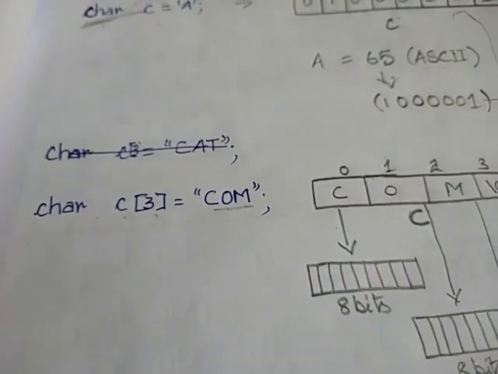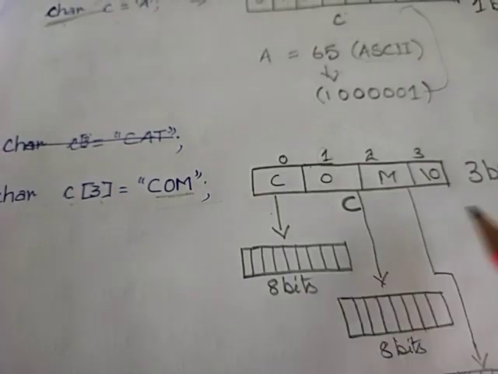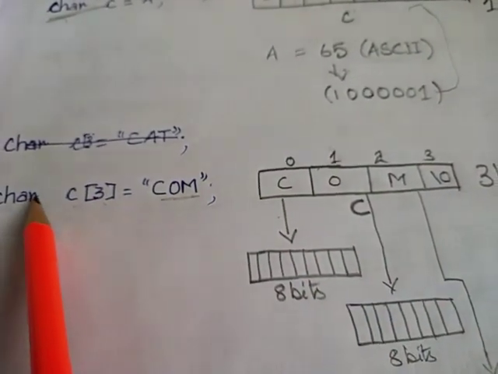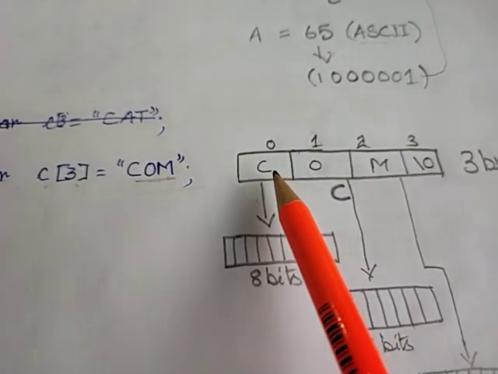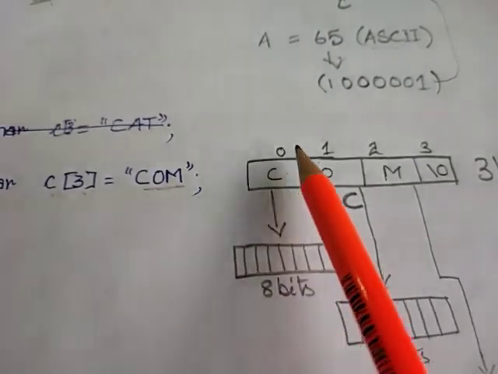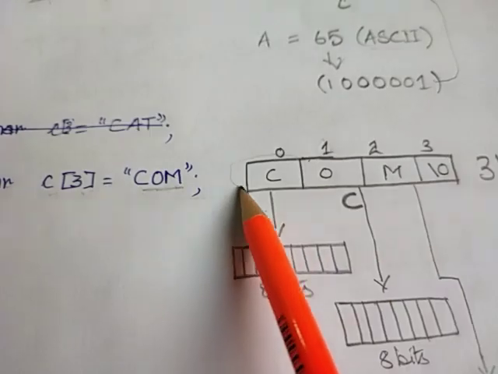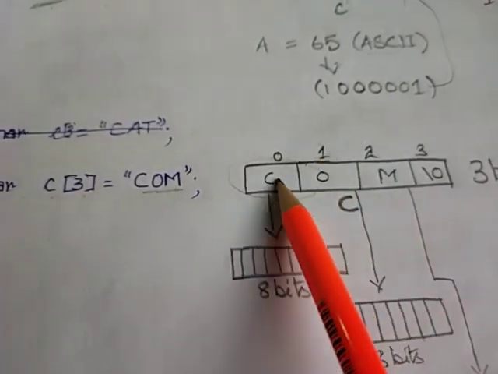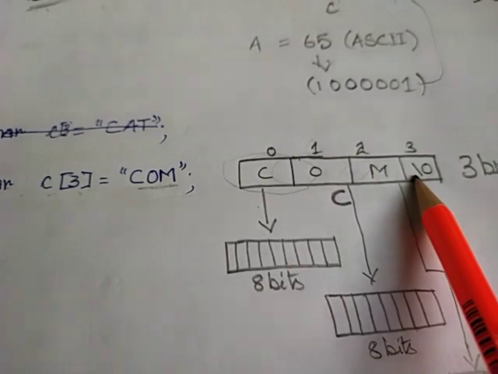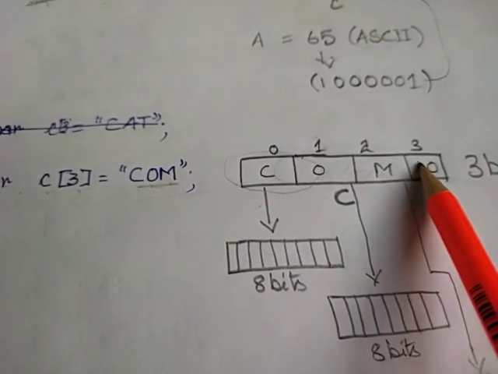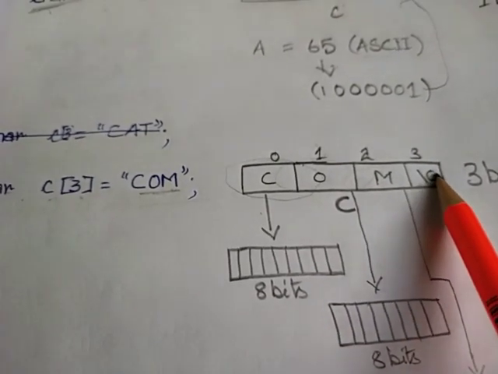So how will it be in the computer memory? The moment you declare char C[3], it will take 3 bytes. That is, the first location, okay, 1 byte, 2 byte, 3 byte, and the last one, the computer assigns by itself the null value.